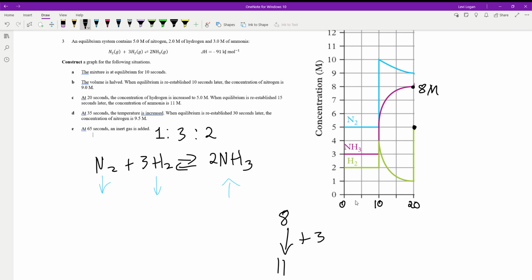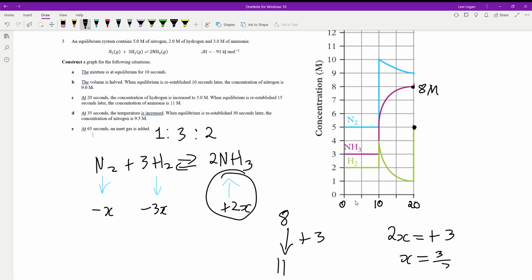So it's a 2, 3, 1 ratio. Some quantity went plus 3. Here, these would go down minus x, minus 3x, and plus 2x. This is the plus 3, so the 2x represents that plus 3 in molarity, meaning x in this case is 3 over 2.